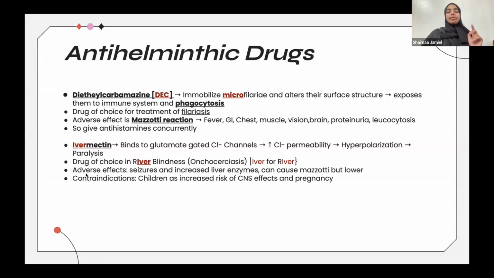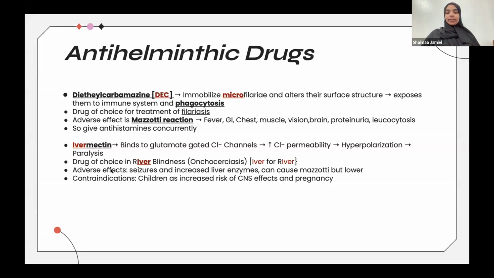Okay. The adverse effects include seizures and increased liver enzymes, and they can cause Mazzotti reactions too, just like DEC, but much lower. So they also have reactions to the dying microfilariae, but maybe to a lesser extent than DEC. And they're contraindicated in children as it increases the risk of CNS effects, which we said because they cause seizures.